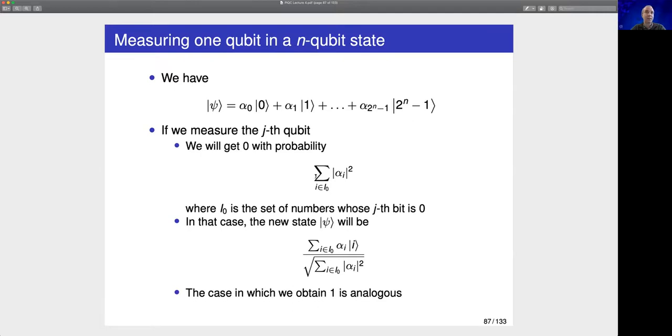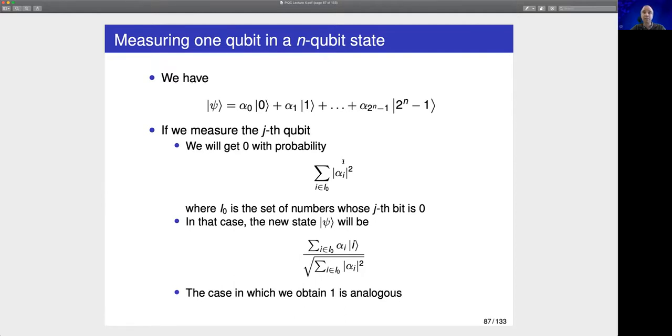And the probability of measuring 0 comes from, of course, the amplitudes of those states in the linear superposition that have a 0 in the position J. Okay, so I'm calling all those numbers I sub 0 here.